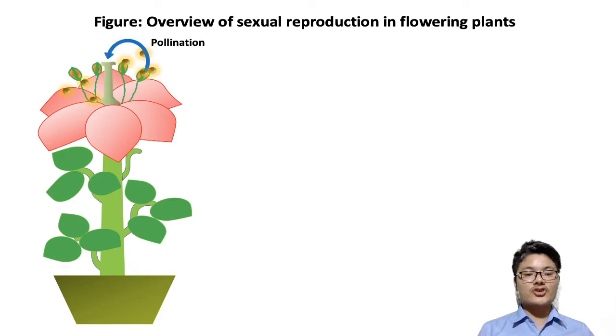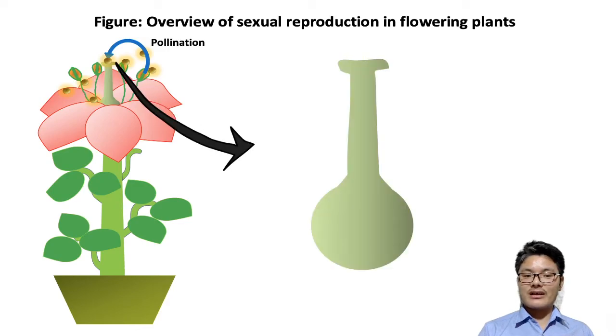So pollination is the process of transfer of pollen grains released by the anther onto the stigma. Now, to understand the detailed steps after pollination, let's focus on a larger pistil or carpel.